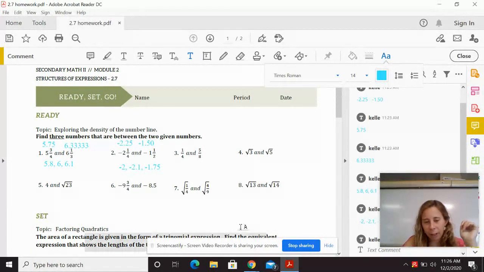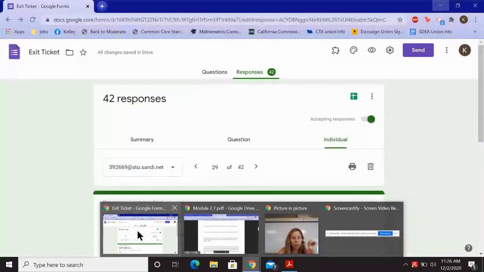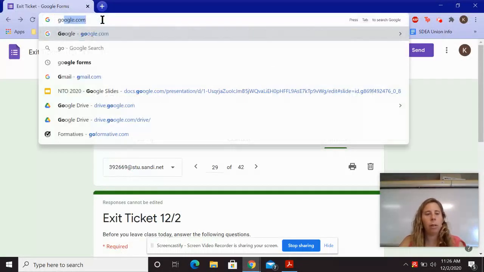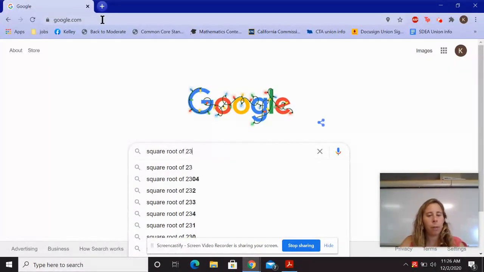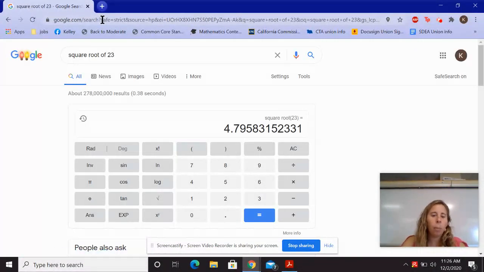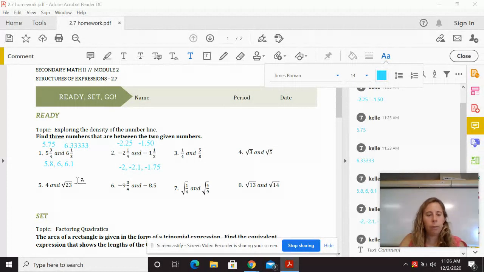No, I'm going to have to look. Hold on. Google square root of 23. 4.795. Okay, we're going to put 4.79, so this is 4.79-ish. All right, so between 4 and 4.79.